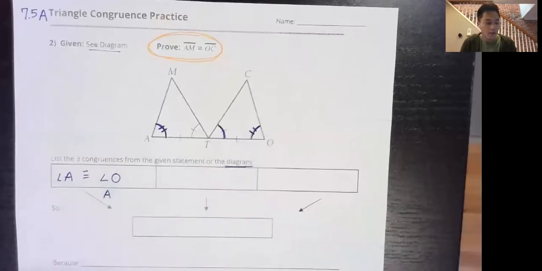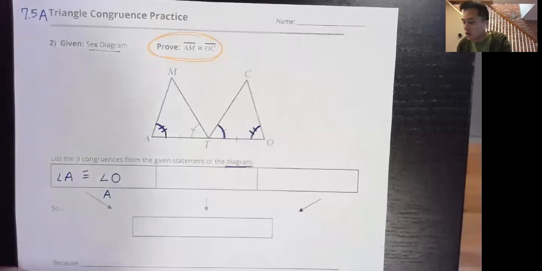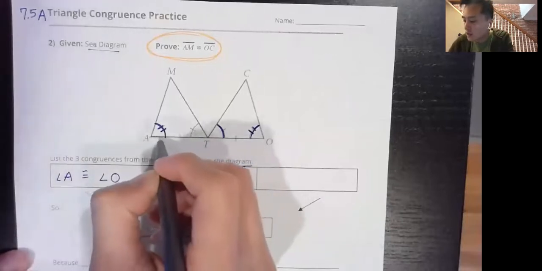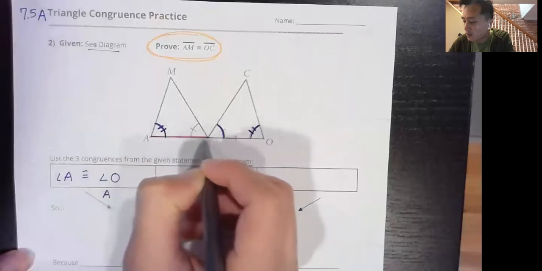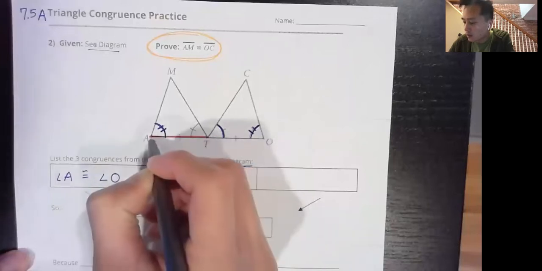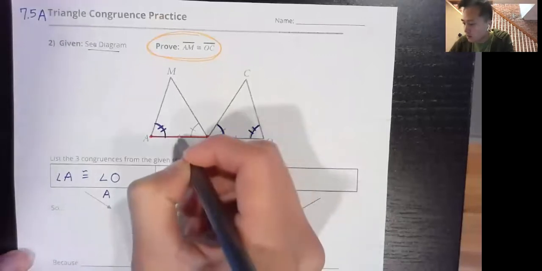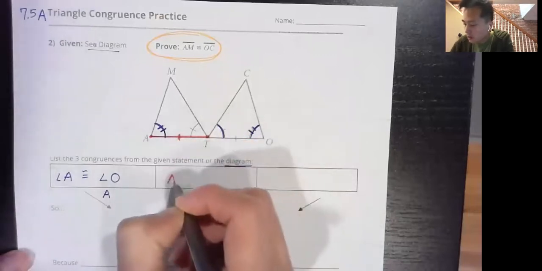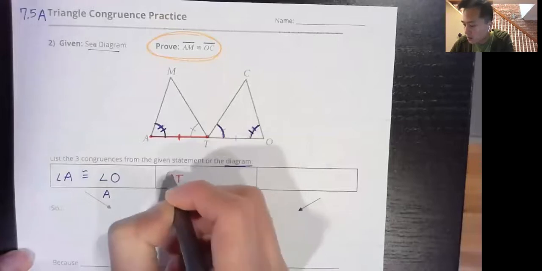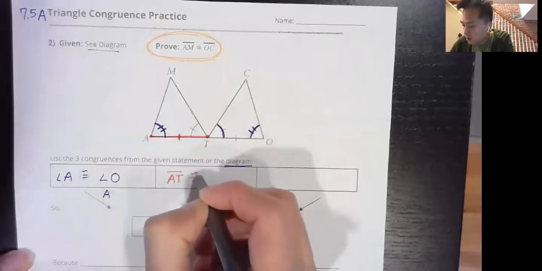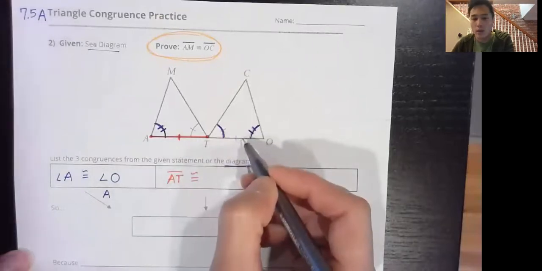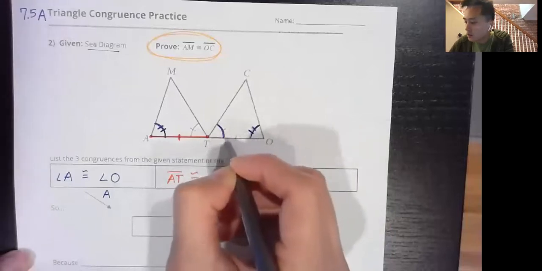The next thing that I see as congruent is this side right here, going from A to T. So side AT is congruent to, I check on the triangle on the right, that same marking is right here.